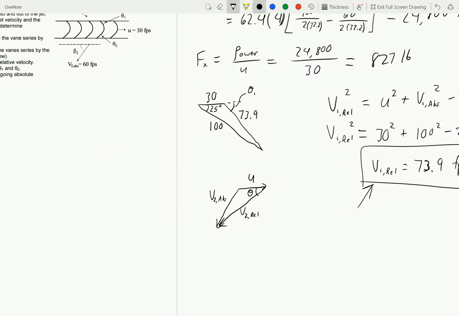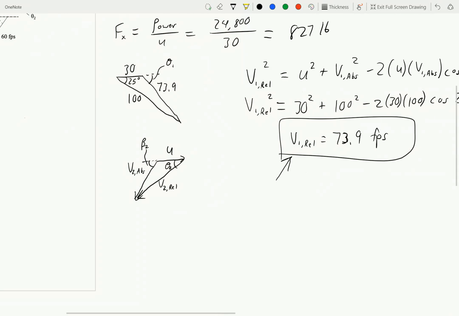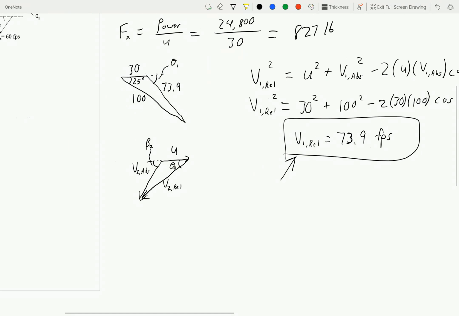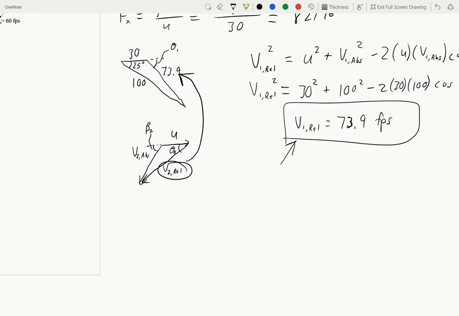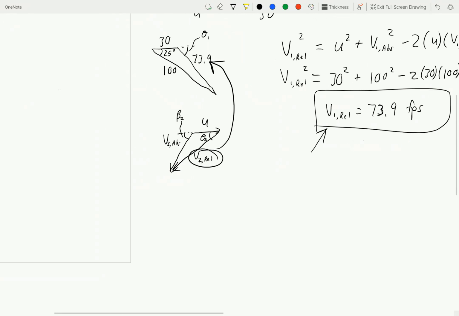In this case, this angle will be theta 2, and this angle here will be beta 2. Now the magnitude of V2 relative is the same as the magnitude of V1 relative. It's just the angles are different.